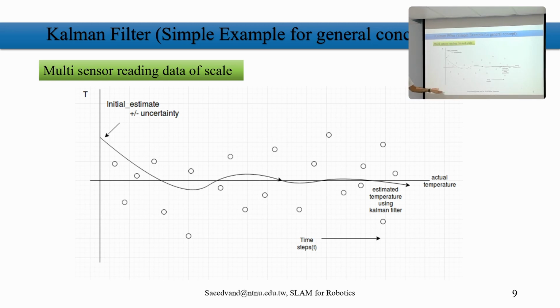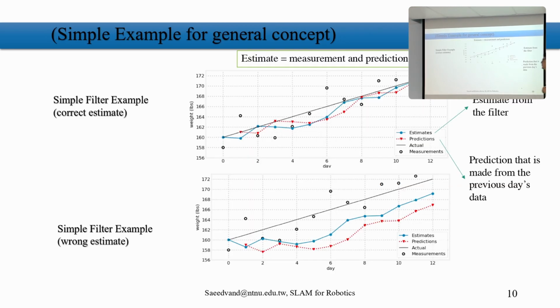The simplest way, you may say, okay, I can take the average of the data and plot it. But if you take the average and compare it, you see that that's a very bad estimation. The simplest and most basic filter can be the average, but that's not accurate, of course, and the Kalman filter does a better job.